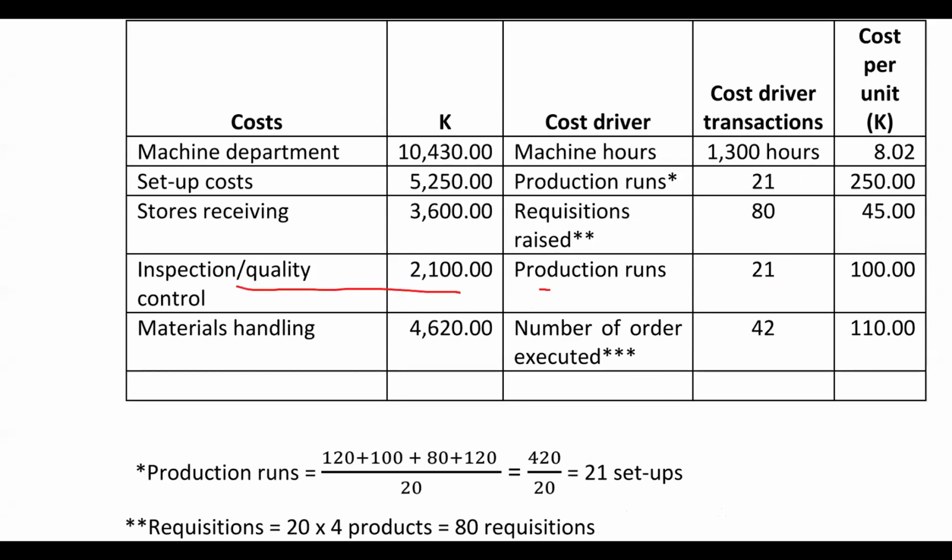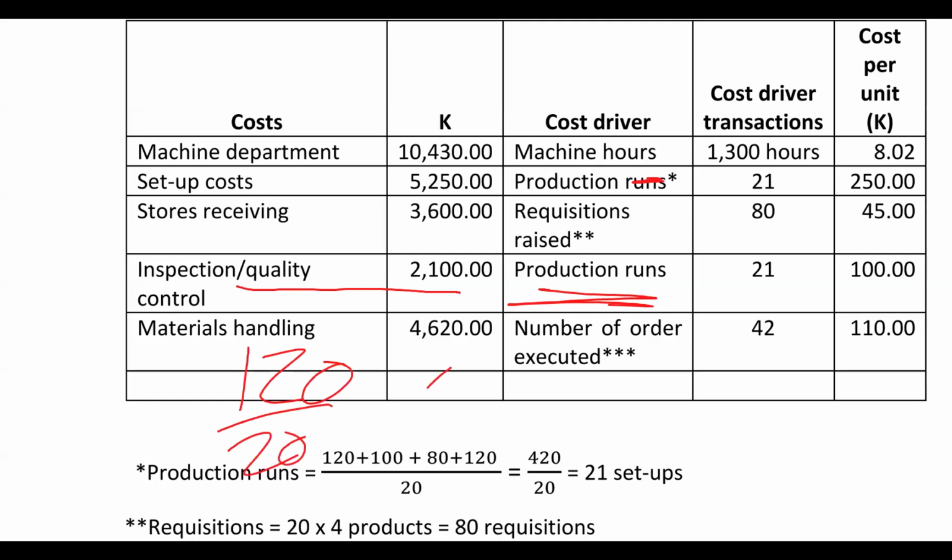Now, how do you find the runs? We already said that the production runs in this question are in batches of 20 units. So in product A, you have 120 units divided by 20 runs.